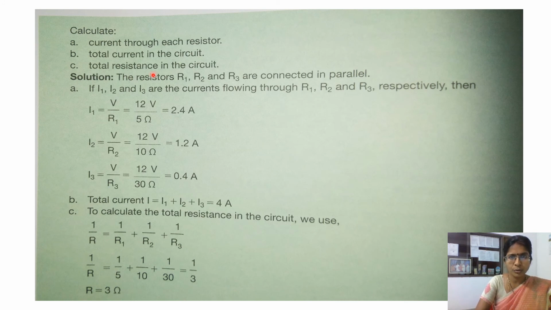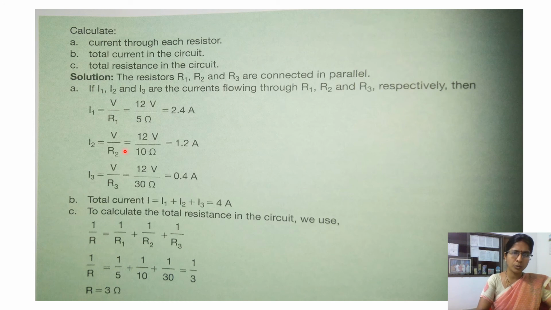So the current through each resistor you have to find out. Each has a different resistance value. Here the current across the first resistor, I1, is equal to V by R1. The potential is the same in the parallel combination, so here it is equal to 12 volts. So 12 by 5 is equal to 2.4 amperes.